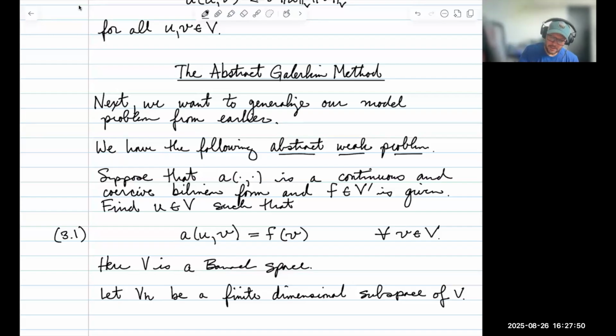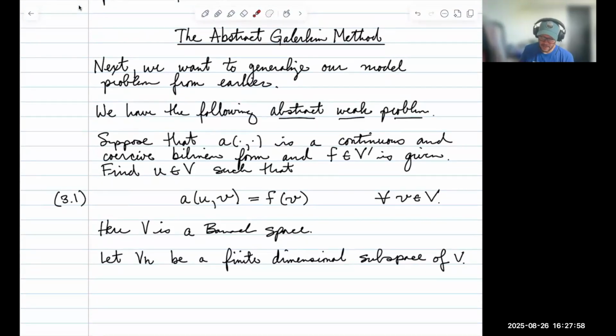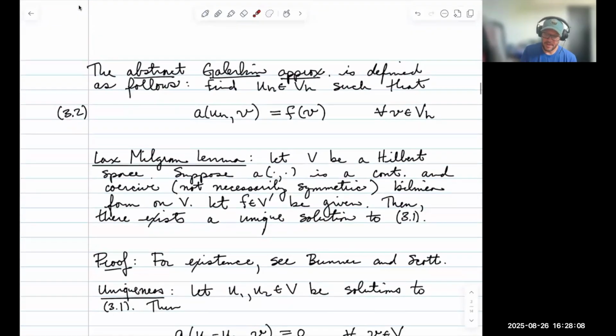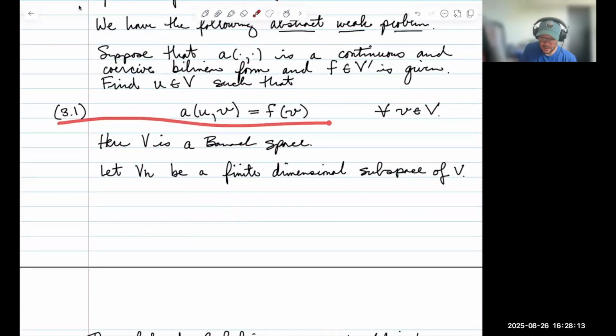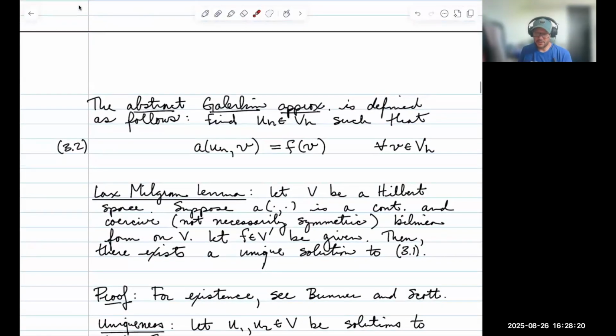Now, what am I going to assume about V_h? All that I need to assume about V_h to make my abstract Galerkin method run is that V_h is a finite dimensional subspace of V. That's it. So the abstract Galerkin approximation of that abstract weak problem, where this is 3.1, my abstract weak problem, is similarly and easily defined.